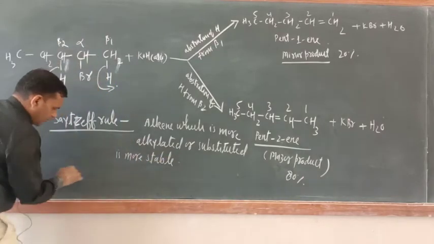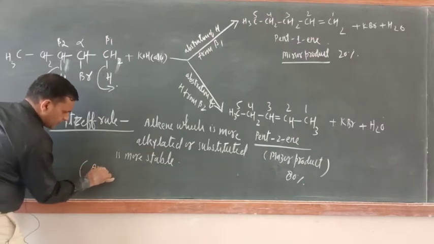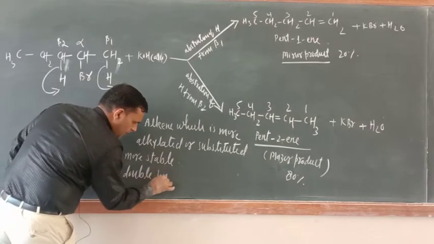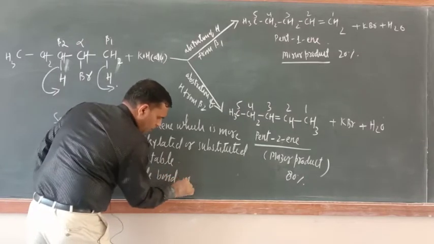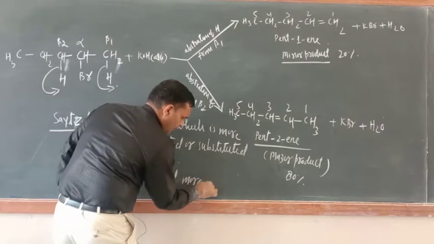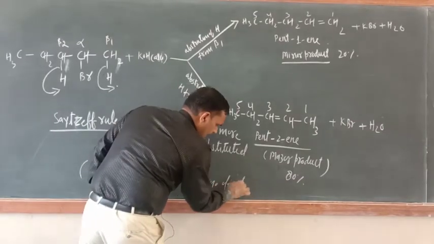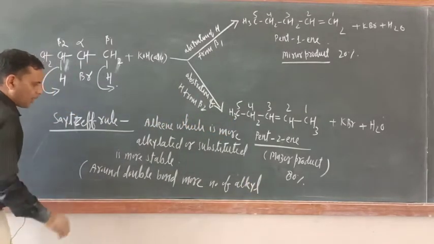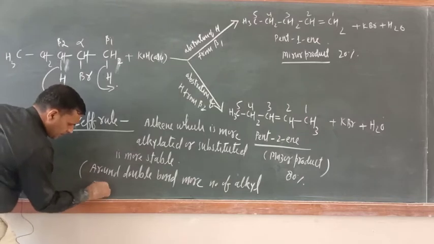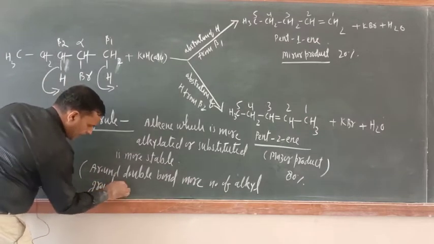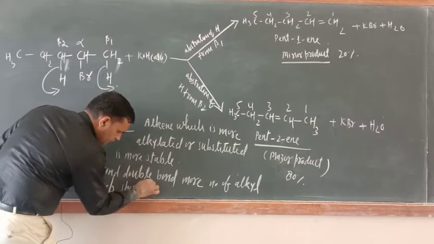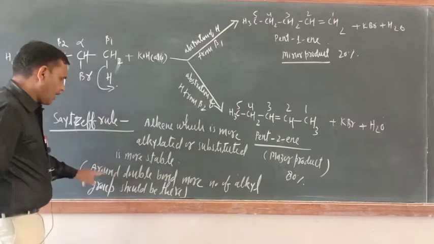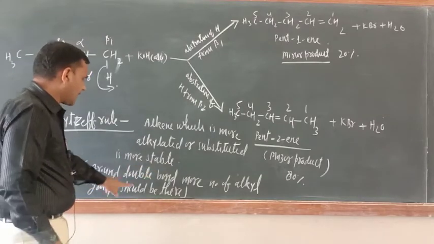What is the meaning of alkylated? Around the double bond, I am writing here, more number of alkyl groups should be there. Around the double bond, more number of alkyl groups should be there.